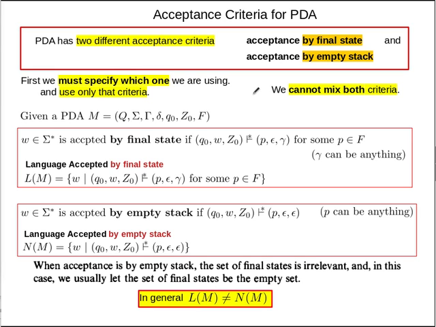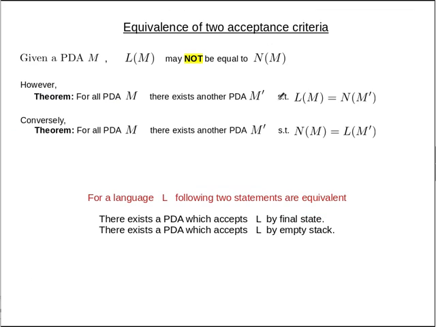But still there is a kind of equivalence. This is the equivalence we will prove. So though for a given PDA M, this L of M and N of M may not be equal, if you have some language which is L of M for some M, the same language can be accepted by empty stack by some other PDA M prime.